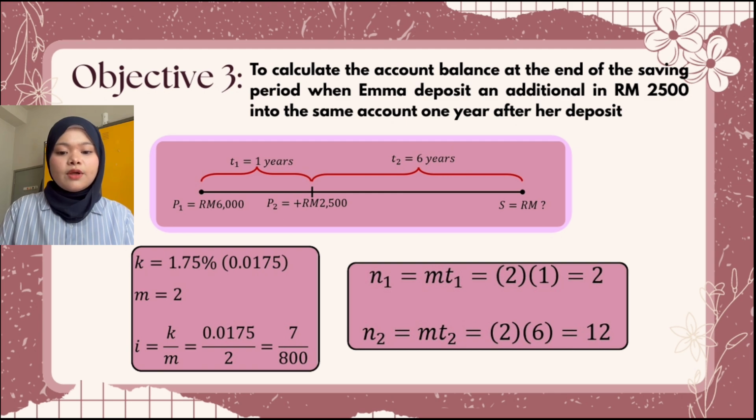K equals 1.75%, which is 0.0175, M2 equals 2, N1 equals M times T1, which is 2 times 1 equals 2, N2 equals M times T2, which is 2 times 6 equals 12. I equals K over M, which is 0.0175 over 2, equals 7 over 800.